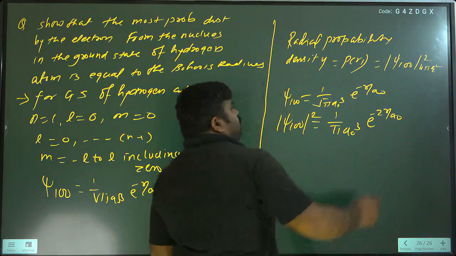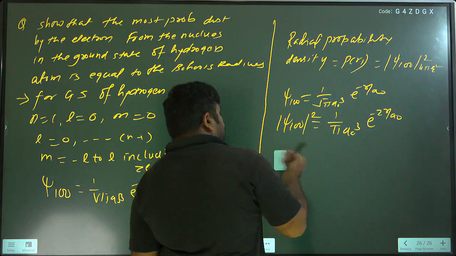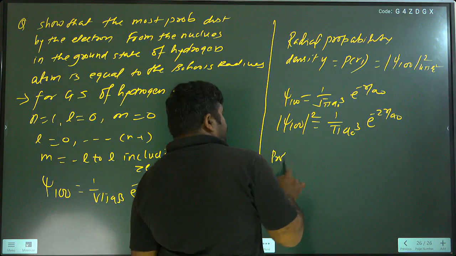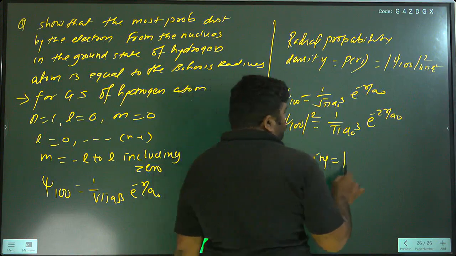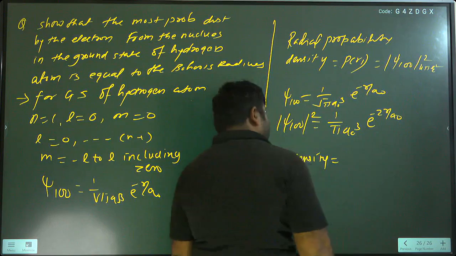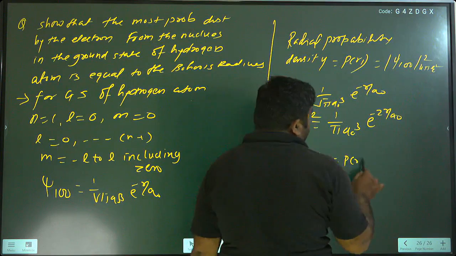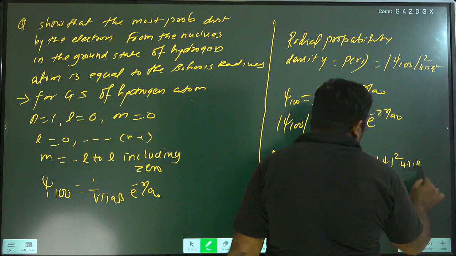Okay. Into 4 pi r square. तो लिखिए वहां वैल्यू probability density okay is equal to how much then? Probability density P of r is equal to mod of psi square into 4 pi r square.